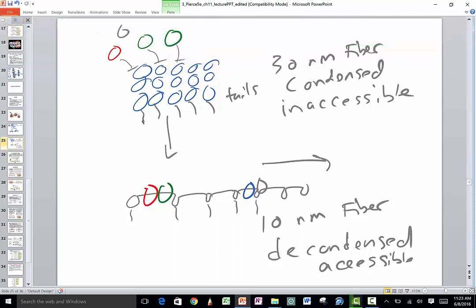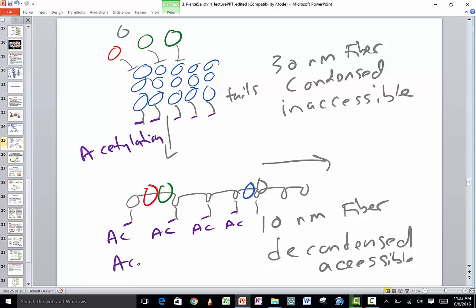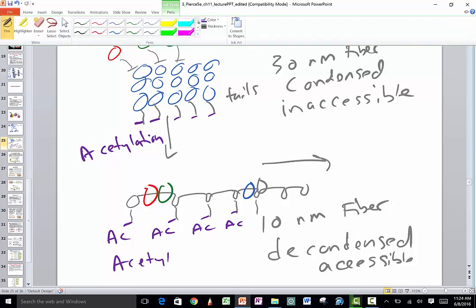There's a site here that can be modified, and we'll just talk about one modification. There's something called an acetyl group that can get added to these tails, and that acetyl group causes the chromatin to loosen up. So if we have what's called acetylation, and these are acetyl groups, then the chromatin is loosened up.